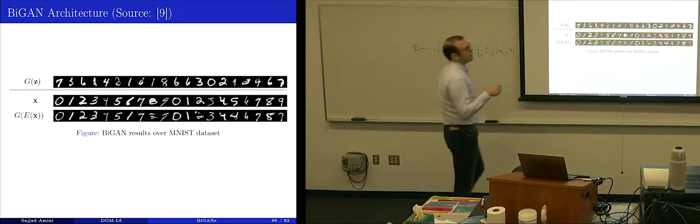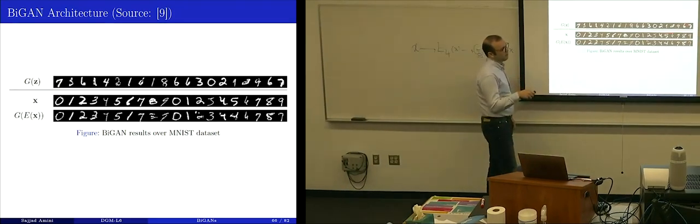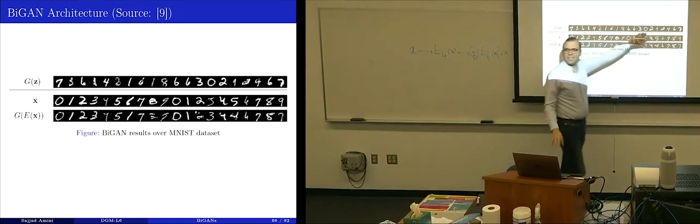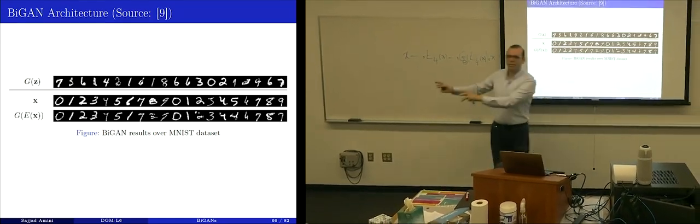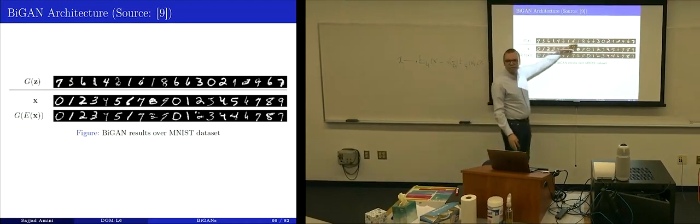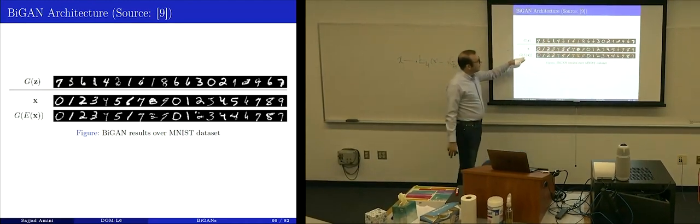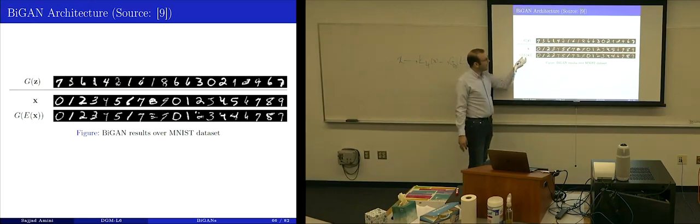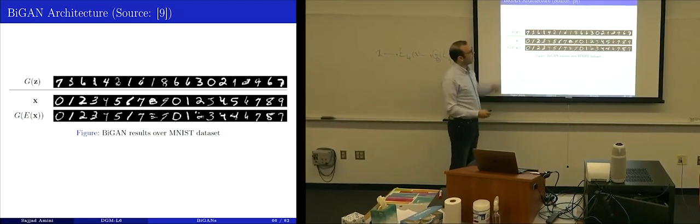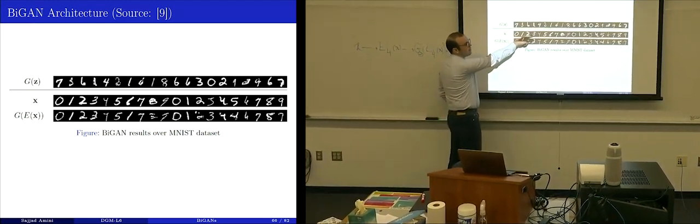These are samples generated using G of z. It means that when you learn the joint, you have your generative model working very well. You can put it aside and use it as a generative model for sampling, and it works very well. But you also have something like an autoencoder that can generate the latent for x. This is dataset samples.